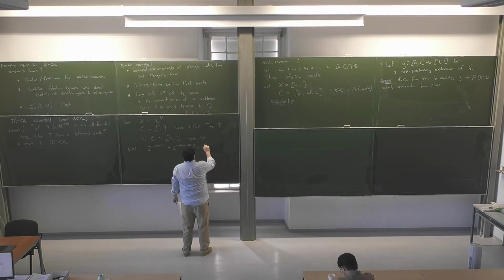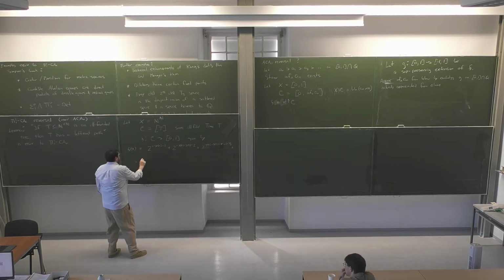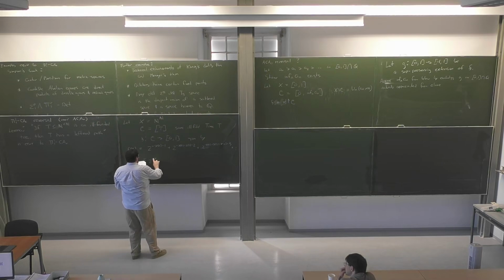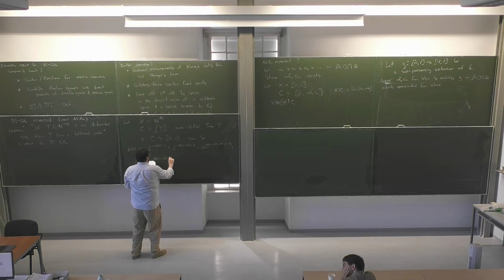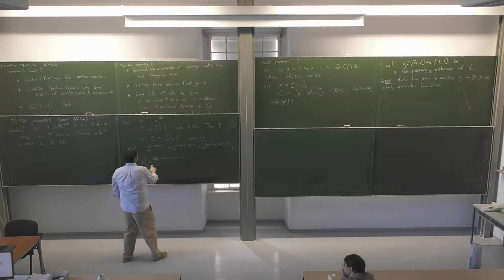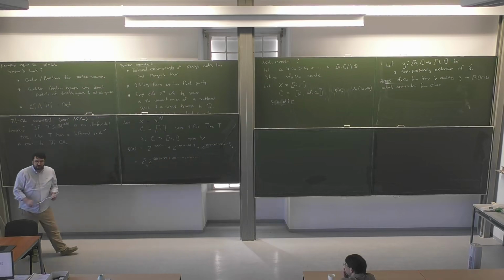Plus 2 to the minus x0 minus x1 minus x2 minus 3, and so on, right? In general, this is the sum over all the n's of 2 to the minus x0 minus x1 minus x2, etc., out to minus xn in the nth term, minus n minus 1. Add up all of the stuff like this.